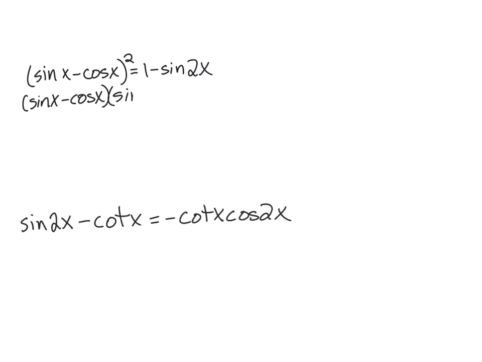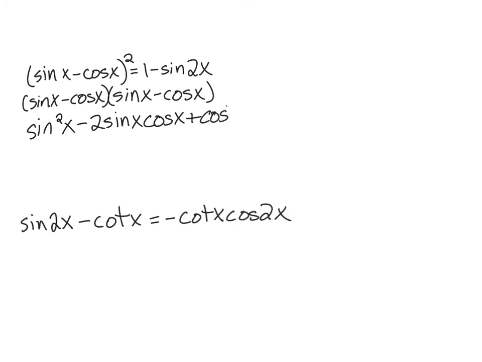Squaring the blob means multiplying it out. Sine times sine. Minus sine cosine is minus 2 sine cosine. Look at that, I'm almost there. And the last times the last is minus times a minus, cosine times a cosine. Look what I've got right here. I have sine squared plus cosine squared, which equals 1.